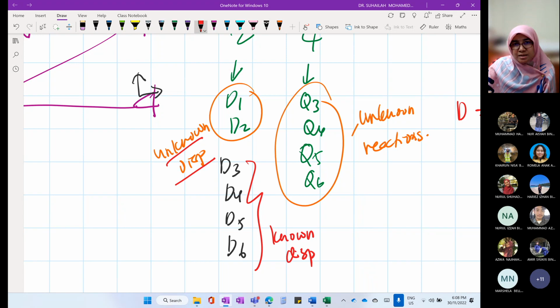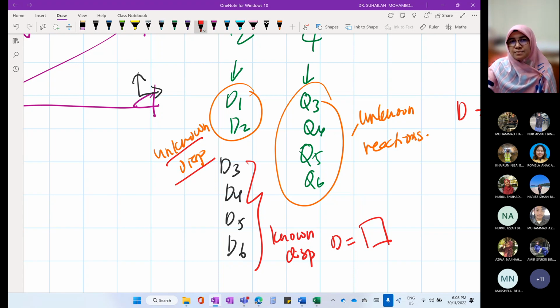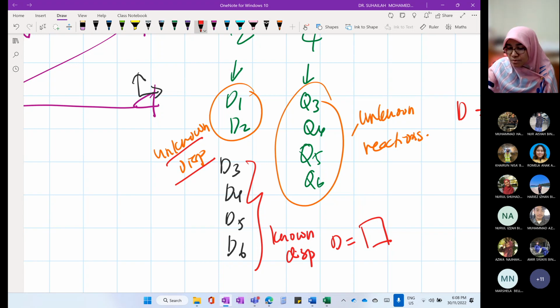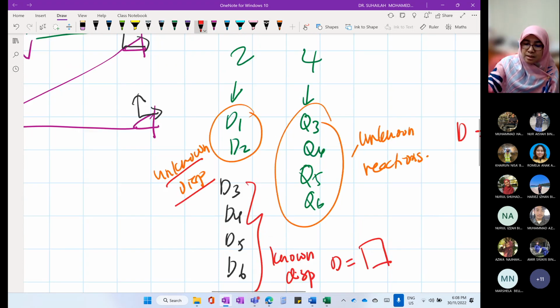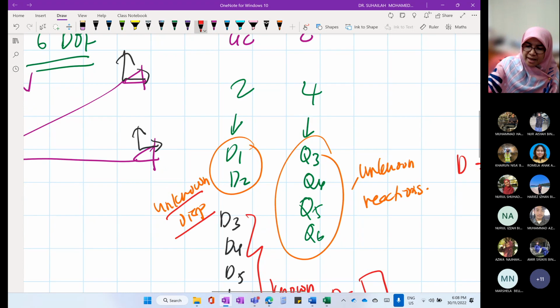So what is the value? Is there a displacement value at the support? Can it move or cannot move? 3, 4, 5, 6. At position 3, is there horizontal displacement?